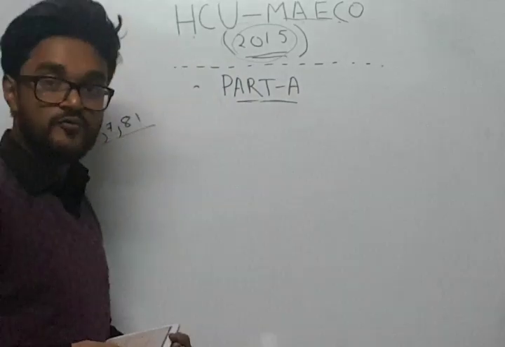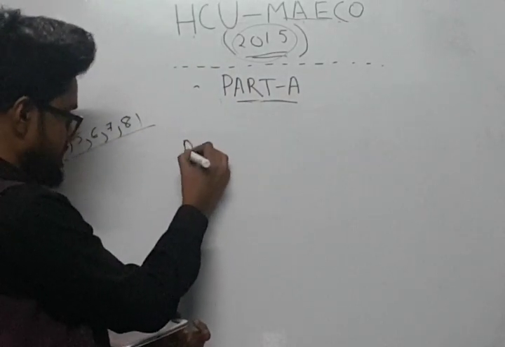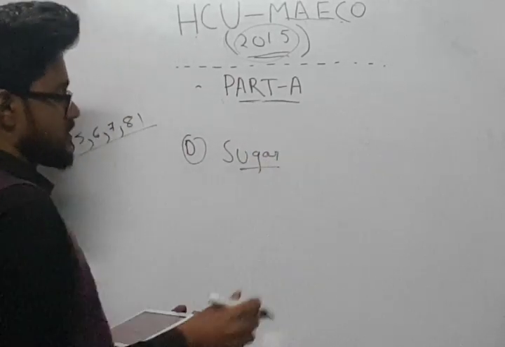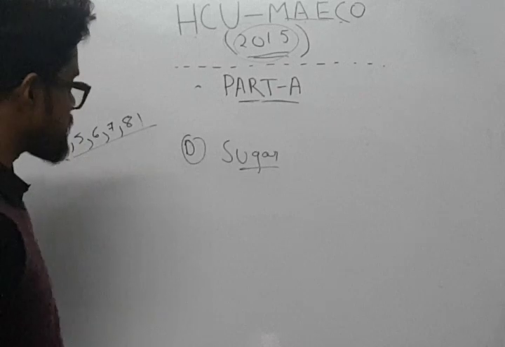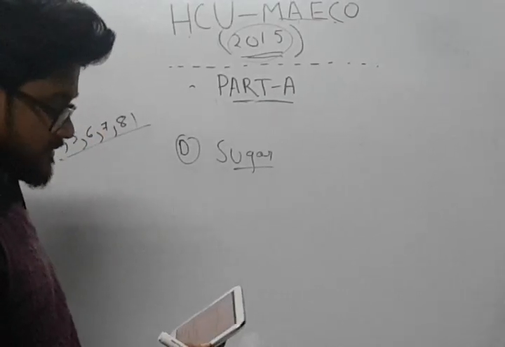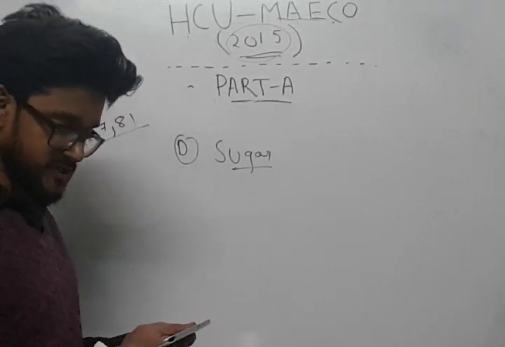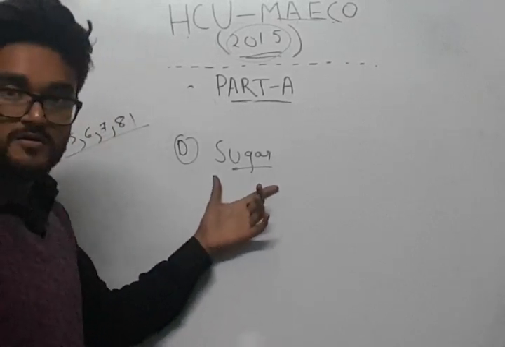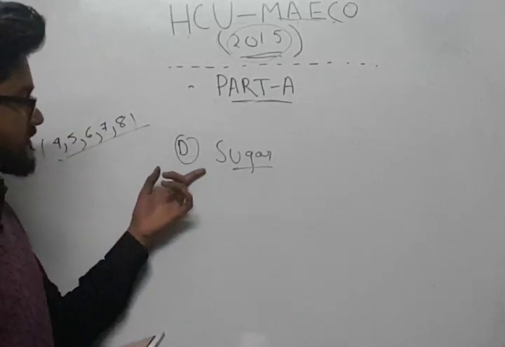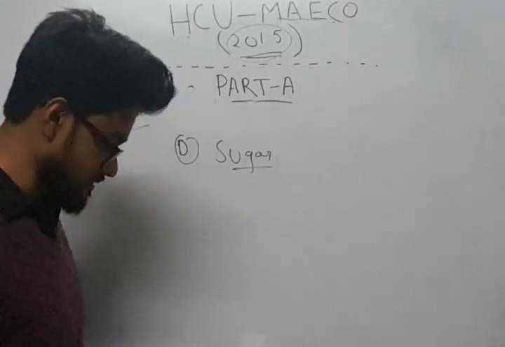The answer for question 5 is option D, which is sugar. In 2015, the highest production in India was for sugar. So the answer is D. We'll go to the next question.